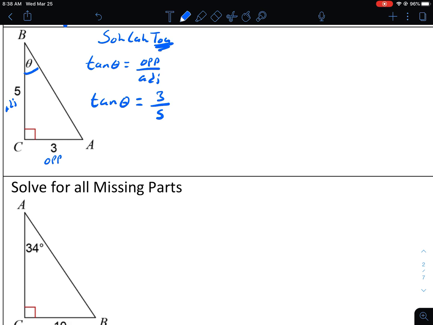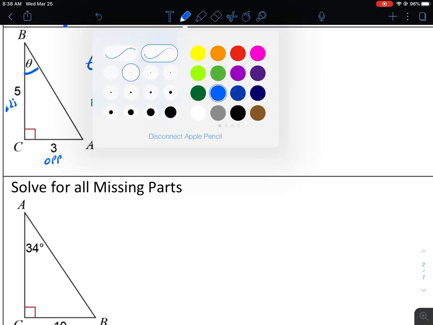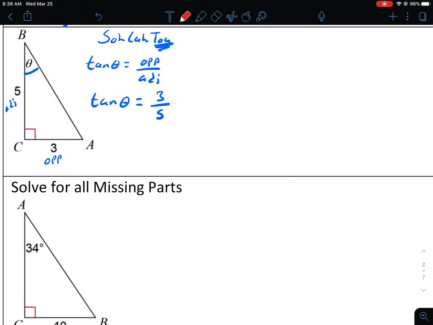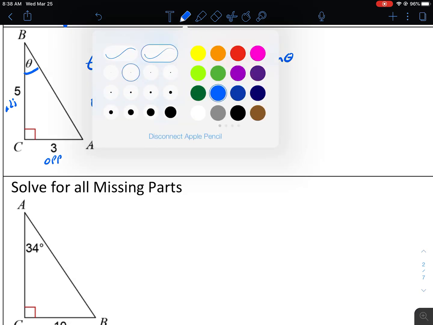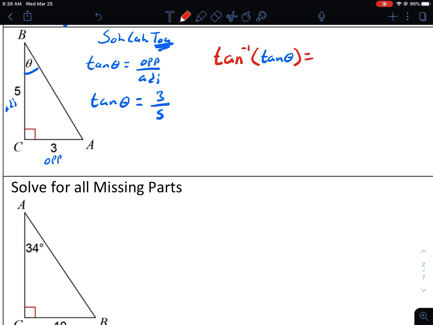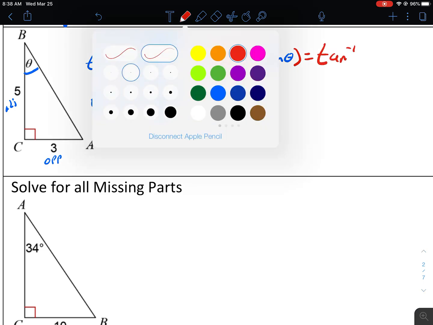Now, to solve from here, we have to take tangent off of theta. The only way to remove a trig function is to apply its inverse. So I'm going to apply inverse tangent to both sides. So it'd be inverse tangent of theta equals inverse tangent of 3/5.